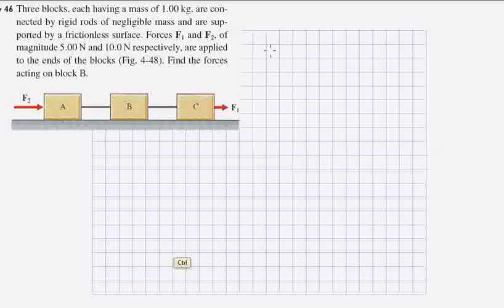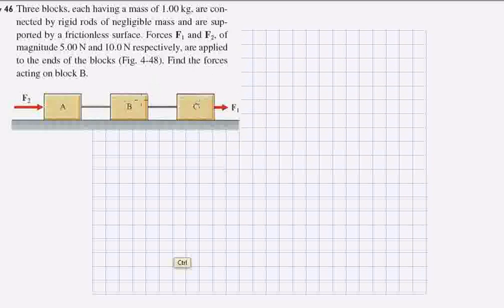The way I'm going to approach this problem is I'm going to first of all find the acceleration of the system and recognize that all the blocks are going to be undergoing the same acceleration.